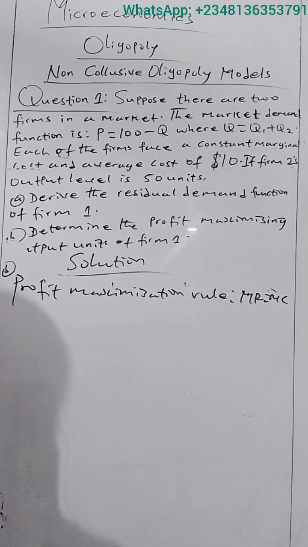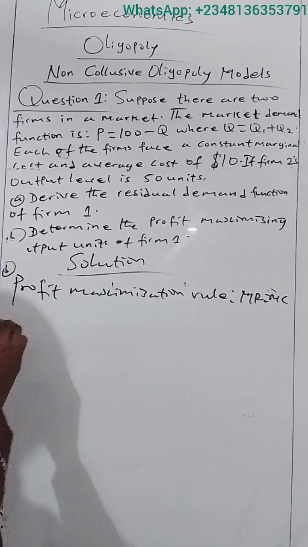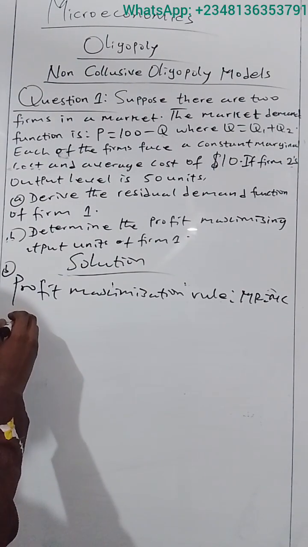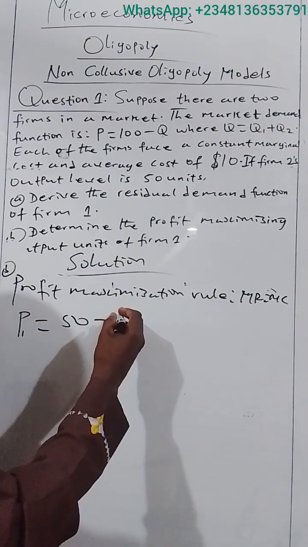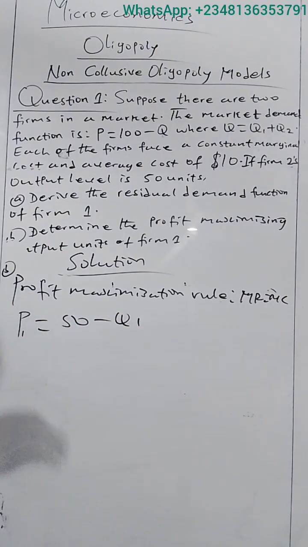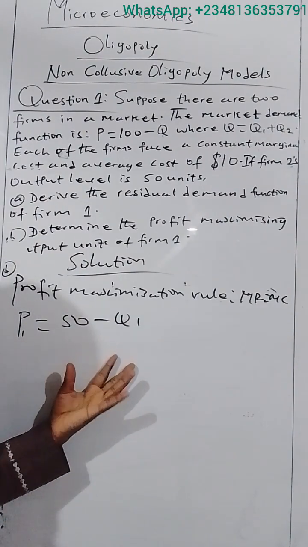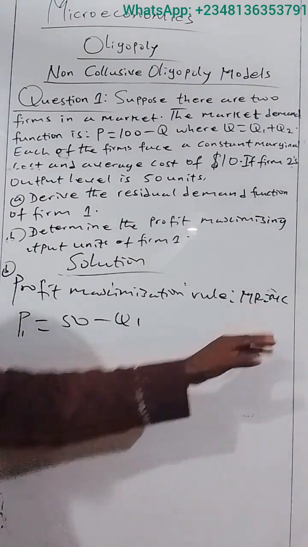And we know our residual demand that belongs to firm 1 says that P1 equals 50 minus Q1. So we can generate our total revenue from this residual demand function and derive our MR.